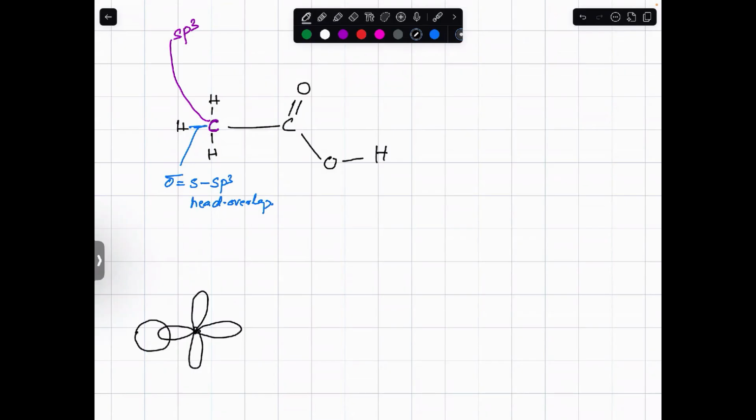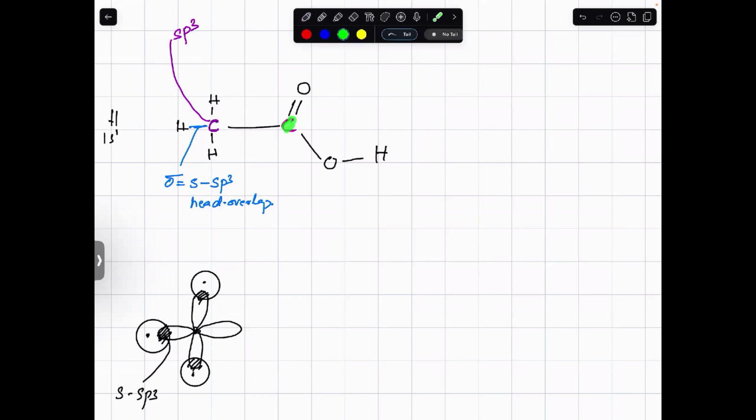And hydrogen is 1s1. So this is sp3 and s overlap. What about this carbon?